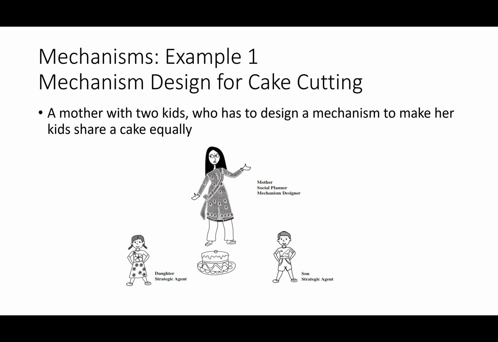Note that if the mother decides to cut the cake into two, I don't know whether any of you have experienced this. Sometimes when you are sharing something for two people, they look at you keenly as you are breaking it, even if it is food, whatever it is.